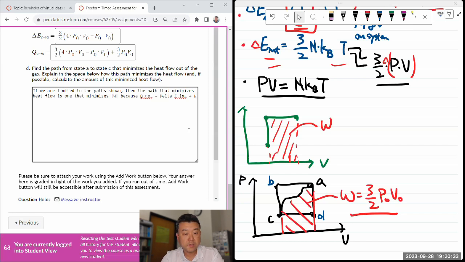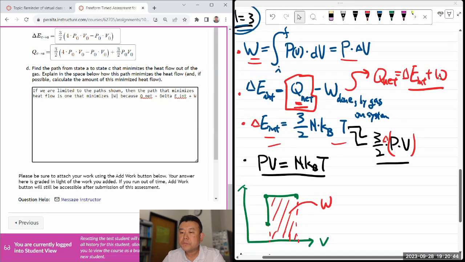Going from here to here, work will be done on the system, so W will be negative. If W is negative, I don't know if I want to minimize. Let me think this through. It's the one that maximizes, the one that makes W as negative as possible. Is that right?